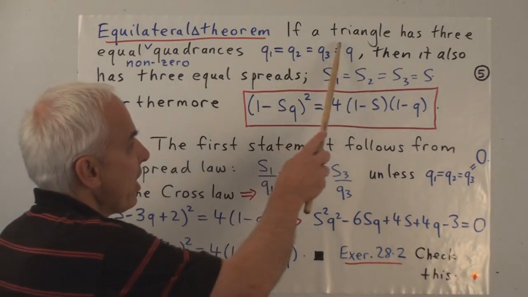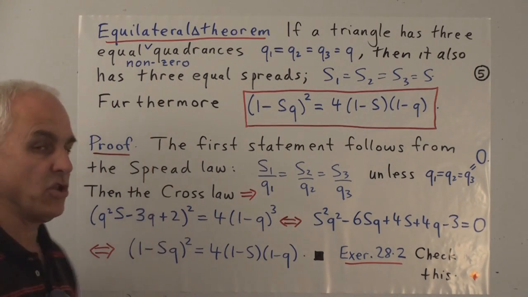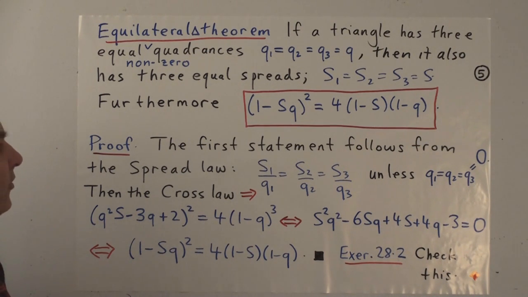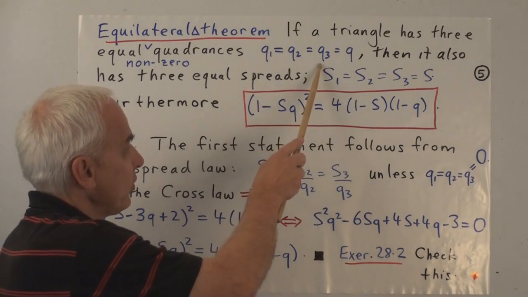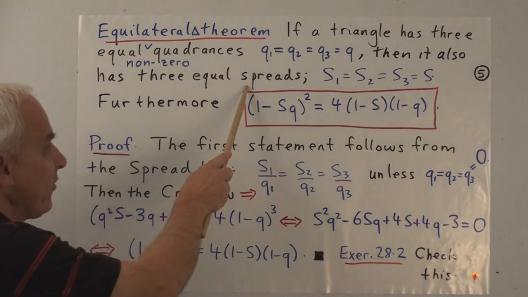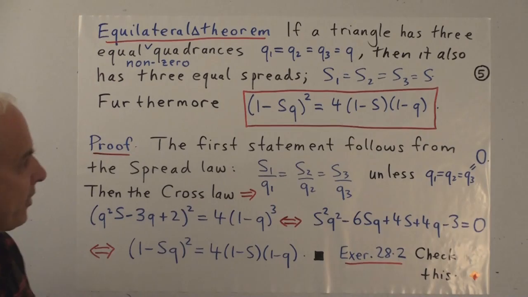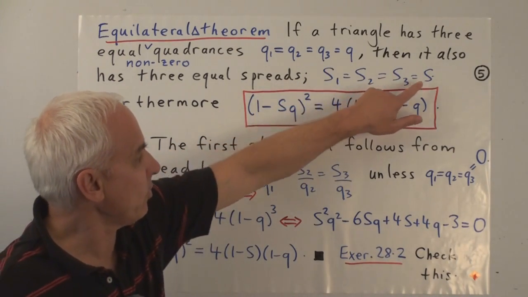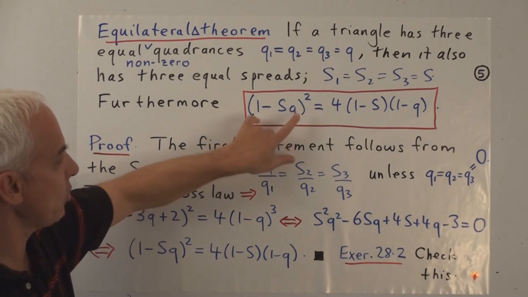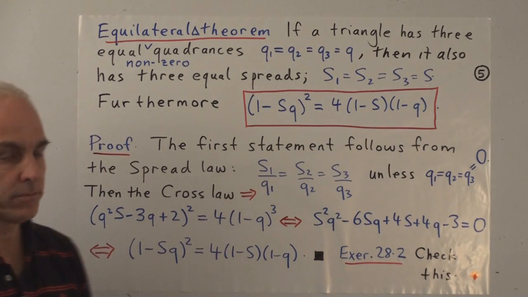The statement is that if a triangle has three equal quadrances, and actually I'm obliged to say non-zero quadrances, so if a triangle has three equal non-zero quadrances, Q1 equals Q2 equals Q3 equals, say, Q, then it also has three equal spreads, S1 equals S2 equals S3 equals S. So there's then really only two numbers involved, this Q and this S. And furthermore, (1 minus S times Q) all squared equals 4 times (1 minus S) times (1 minus Q).